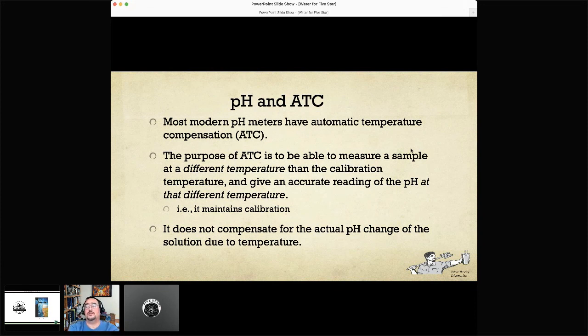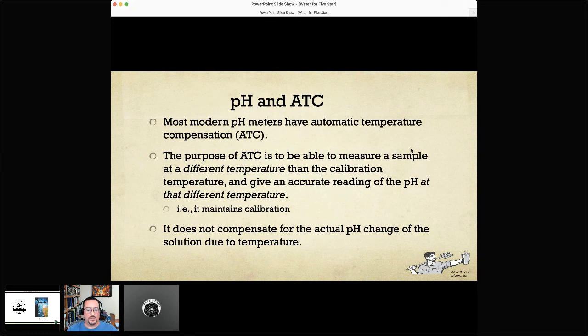So if you think about it, you go into the lab in the morning, you calibrate your pH meter, and you're calibrating it at room temperature with the 2 buffer solutions. It is now calibrated at room temperature. You take that pH meter over to a sample of wort.